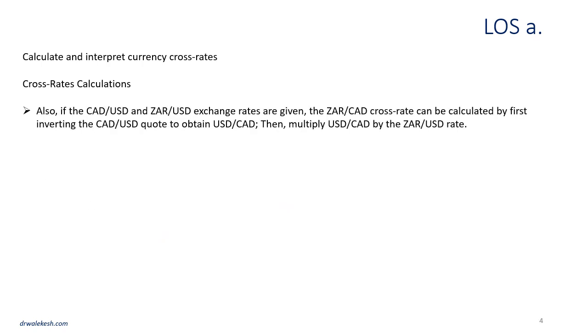Let us look at another example. Here we have available Canadian dollar per US dollar and South African rand per US dollar. But the exchange rate we need, that is South African rand per Canadian dollar, is not available. But fortunately for us, we can compute this using these two exchange rates. So let's get started.